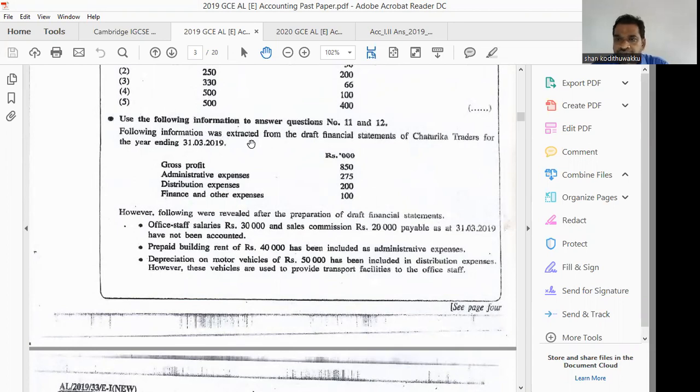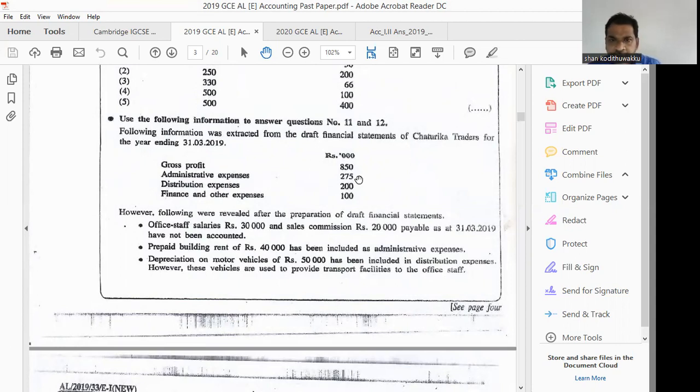The following information was extracted from the draft financial statements of Chaturika's Traders for the year ending 31st March 2019. You are given gross profit 850, administrative expenses 275, distribution expenses 200, and finance and other expenses 100.